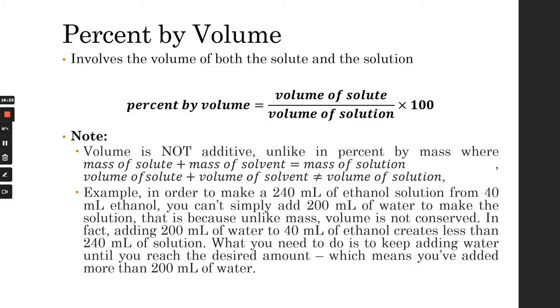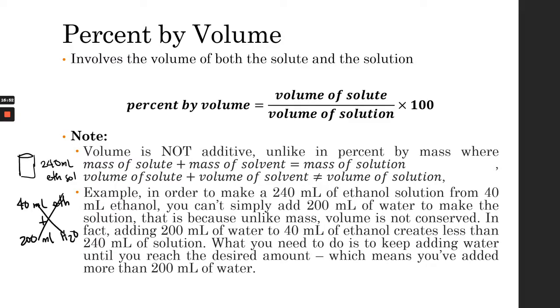So your end goal is to create 240 ml of ethanol solution. You cannot just simply add 200 ml of H2O, because this will not equal 240 ml of ethanol solution.